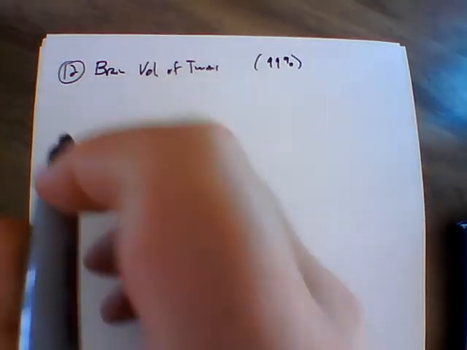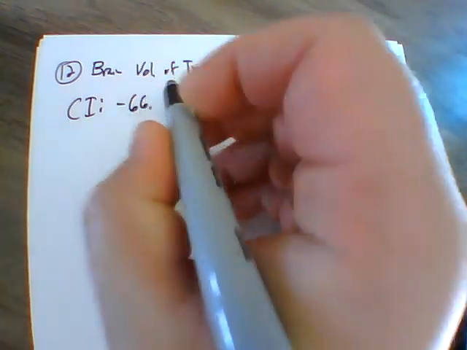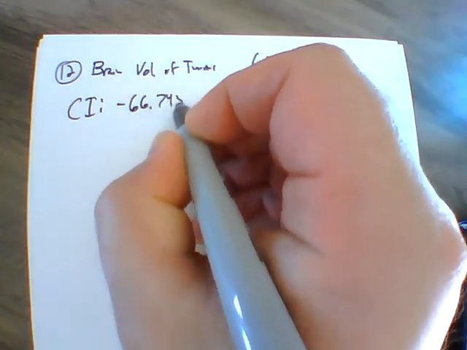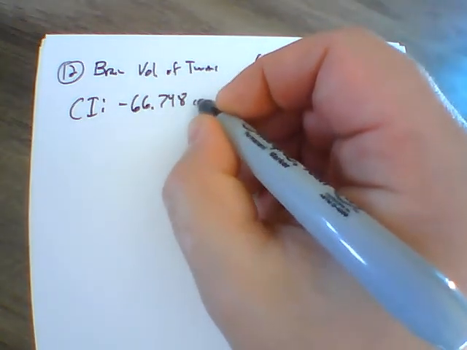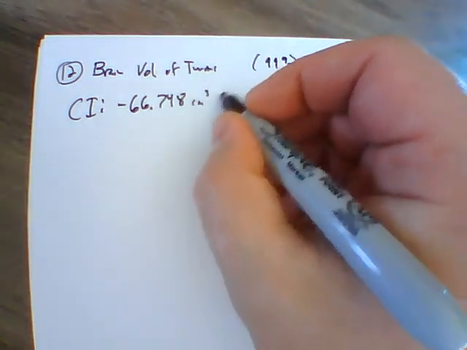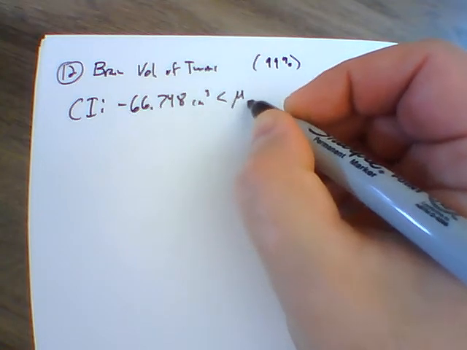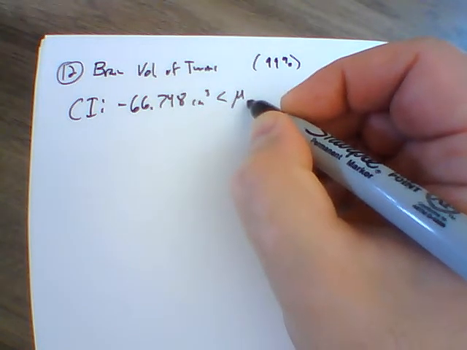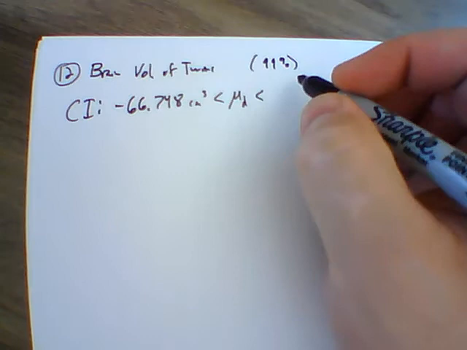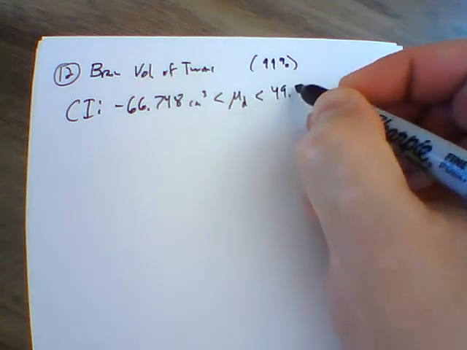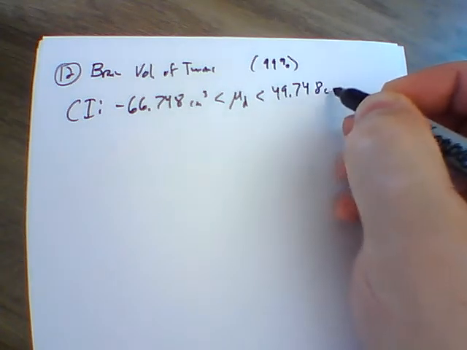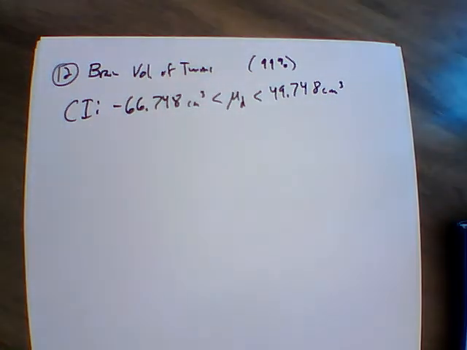What we see is that we have a lower bound, so our confidence interval is negative 66.748 cubic centimeters less than the mean difference, less than our upper bound of 49.748 cubic centimeters.